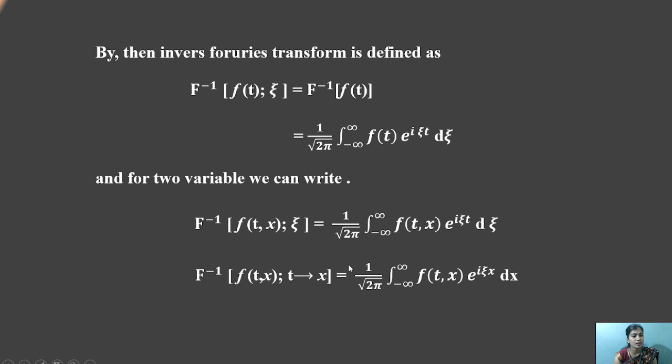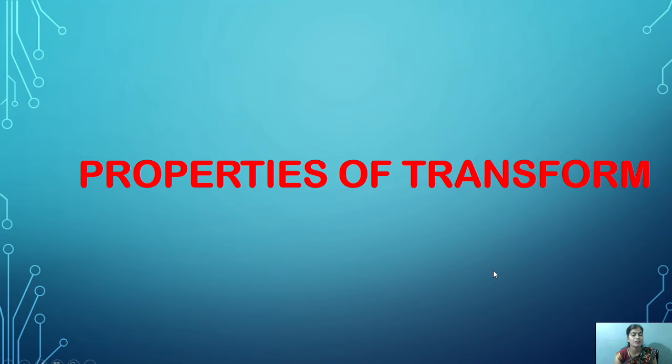Okay, this is the form. If the variable is changed from t to x, the formula becomes 1 upon square root of 2 pi, integration from minus infinity to infinity, f of t, x, e to the power i xi x dx. This is the formula of the inverse transform.